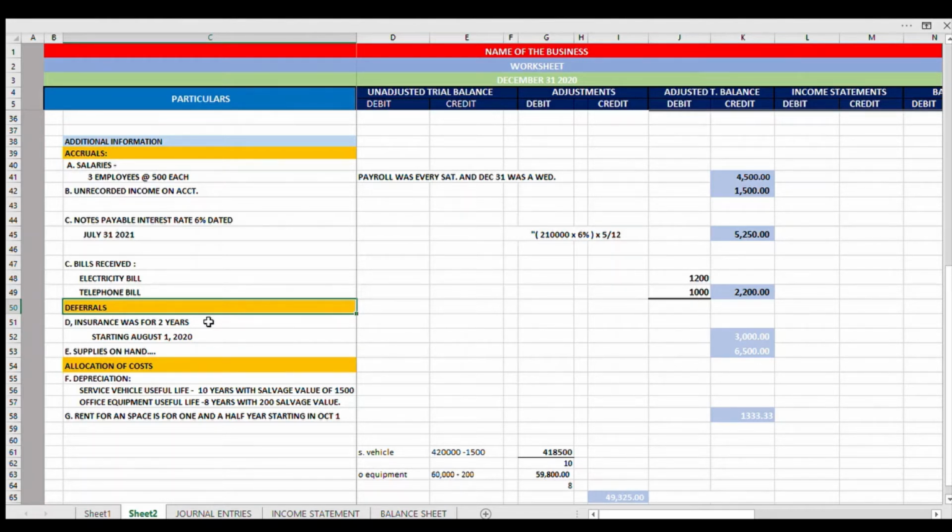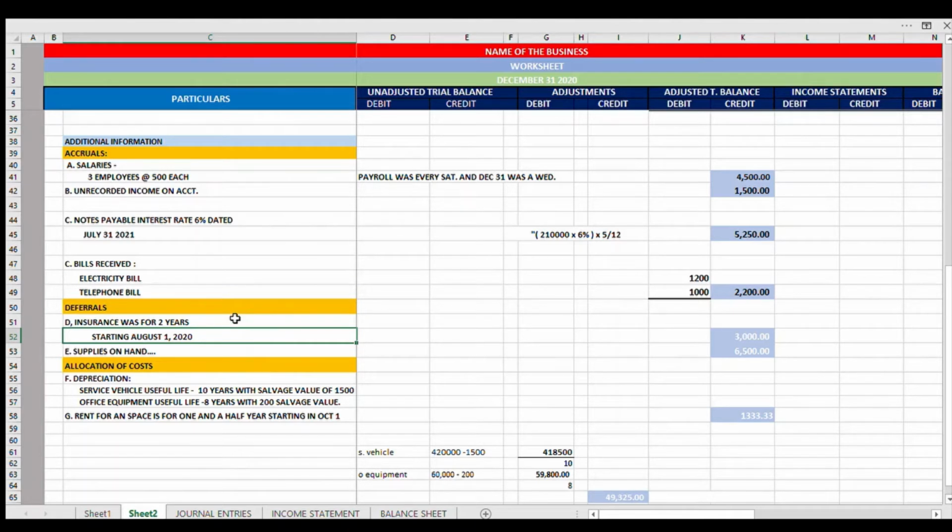So it's either case, because there are two deferrals: deferrals of expense and deferrals of income. So based on the information, sabi ang insurance paid was for 2 years starting August 1.